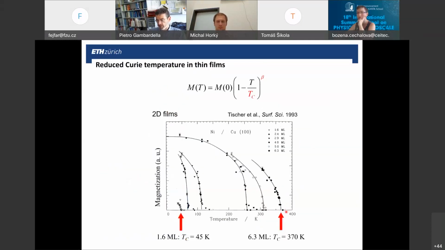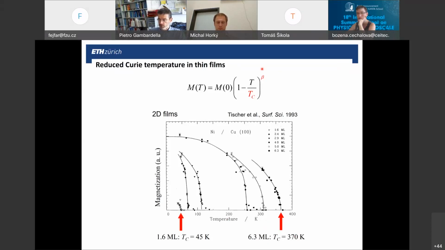It is found that as one reduces the thickness, here is an example for nickel layers on copper from, say, 6 monolayers is already a Curie temperature that is way below the bulk Curie temperature of nickel. And then if you go to a monolayer, it's even lower, right? So that one has to take into account.